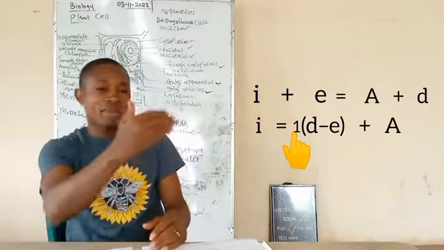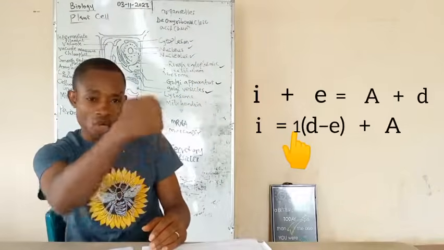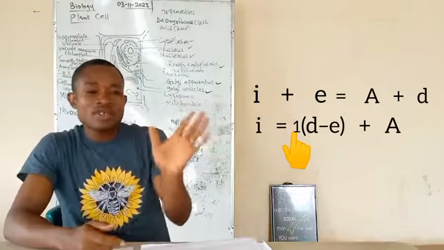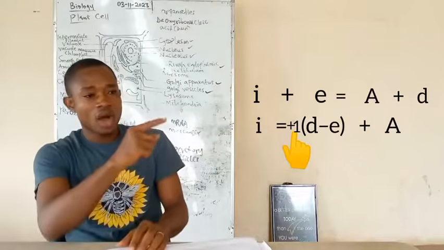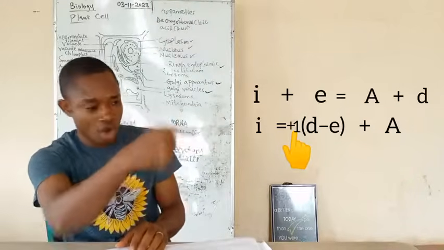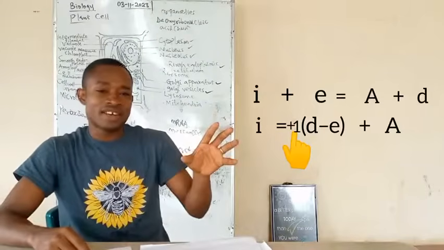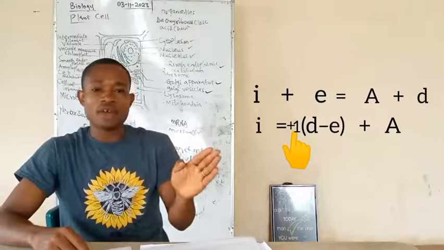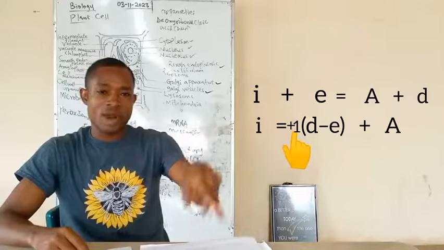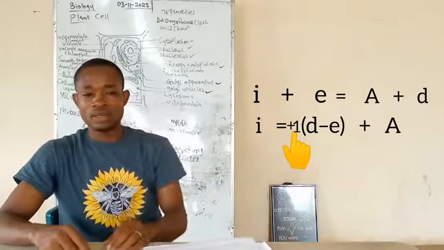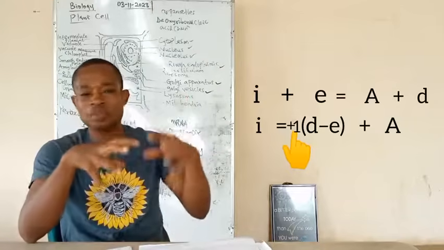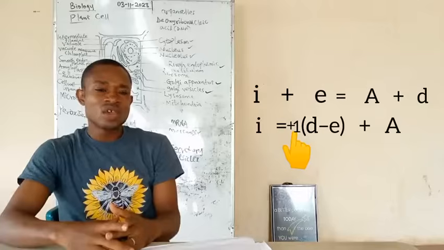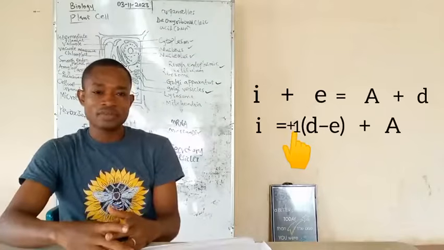And once again, just before the first opening bracket of D minus E, the mathematical sign there is positive, not negative. Watch, I equal to, before opening the bracket, you notice that there is no minus. Therefore, it is plus. We have D minus E in bracket closed before the A. This simply tells us that the graph we are going to obtain, I plotted against D minus E, is going to be a positive graph.